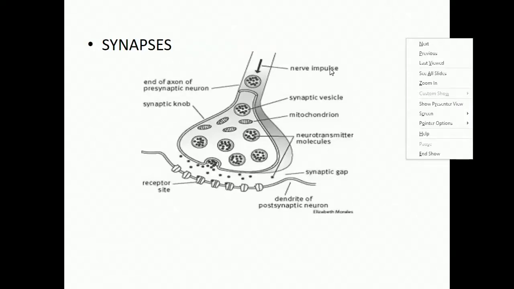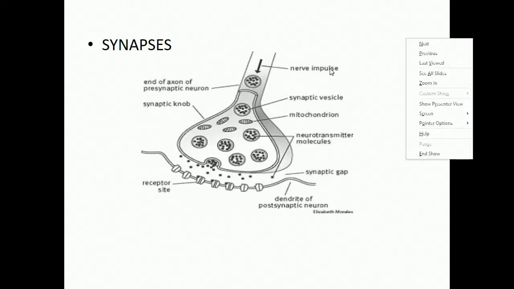Another structure that is found only in the presynaptic neuron is the synaptic vesicle. The synaptic vesicle is a round structure which contains dot-like structures inside, and the dot-like structures are called neurotransmitter molecules. The neurotransmitter molecules have names, and in your book there are names of those neurotransmitters.